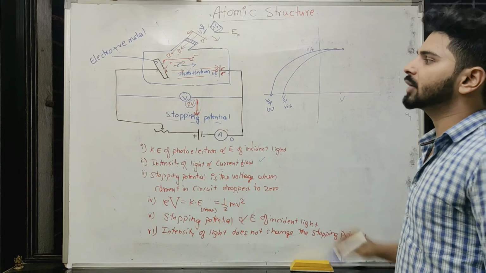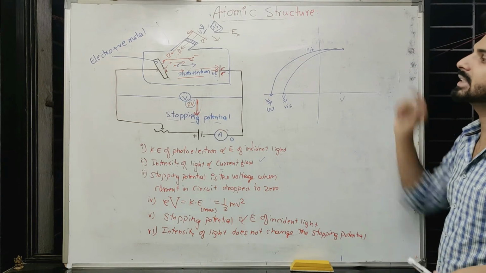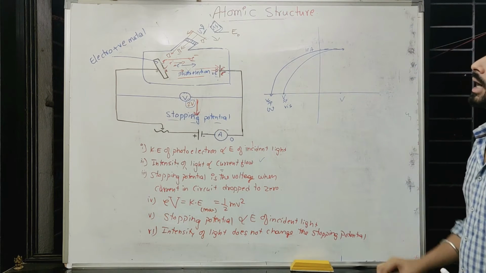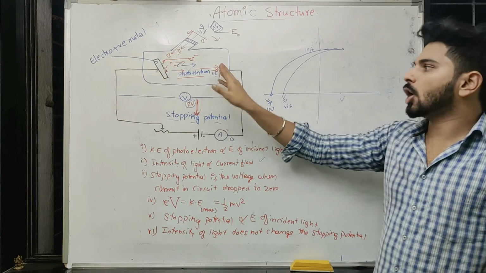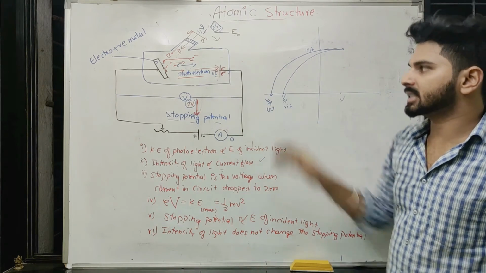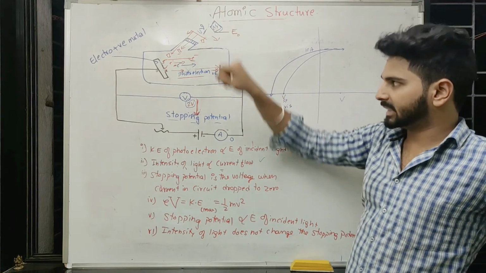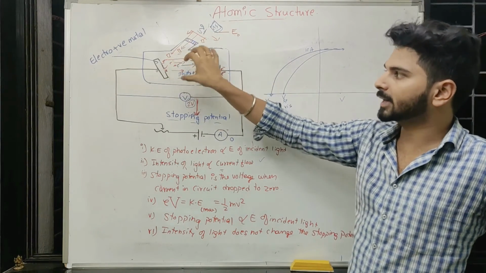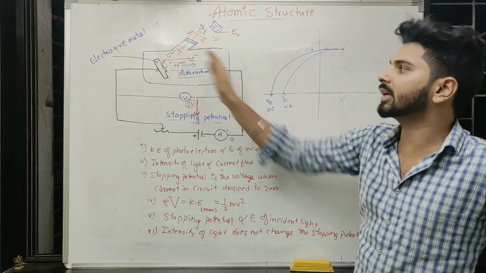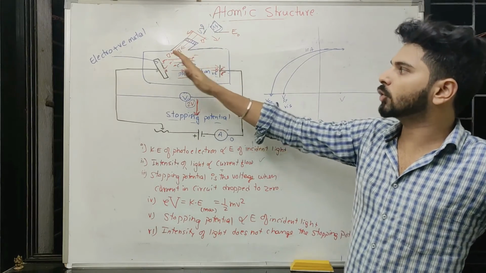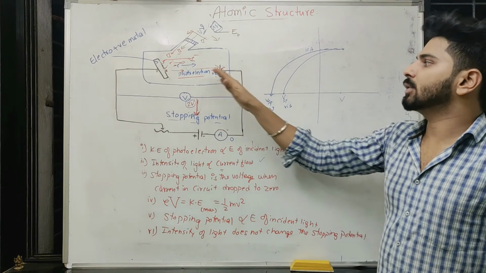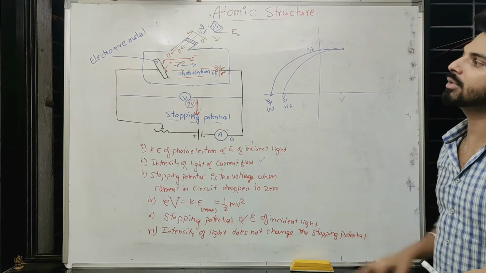It will have a different stopping potential, though they have the same current. Why? Because this current mainly depends on how many photoelectrons enter the circuit. If I keep the incident intensity of light the same, the same number of photoelectrons are ejected, though they have different kinetic energy, and they will enter at the same time, so the current will be the same.